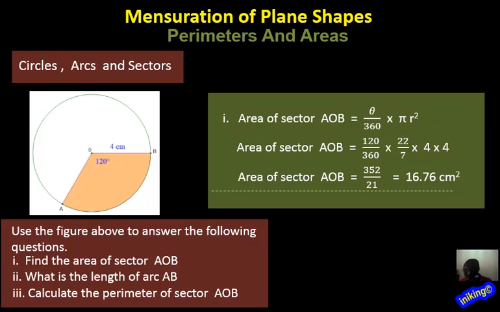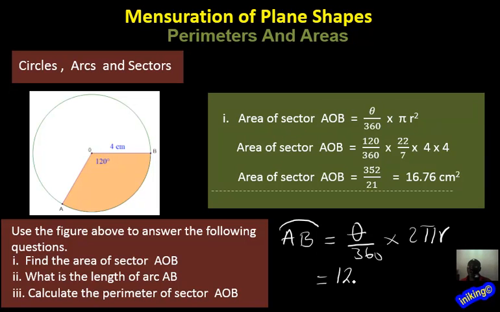Similarly, the length of the arc, as we have said, is just a fraction of the circumference of the circle. So the length of arc AB will be theta all over 360, that's a fraction of the circumference 2 pi r. And that is 120 divided by 360 times 2 times 22 over 7 times the radius 4.